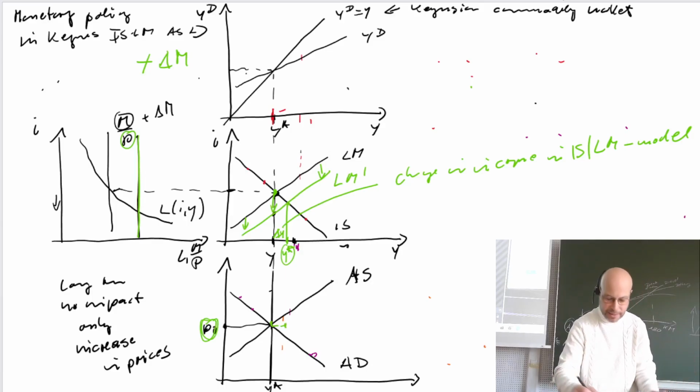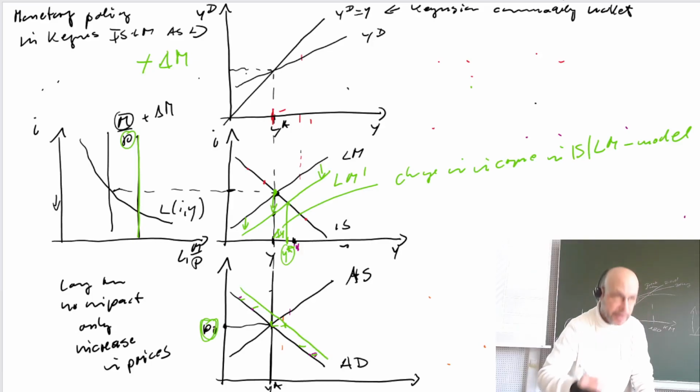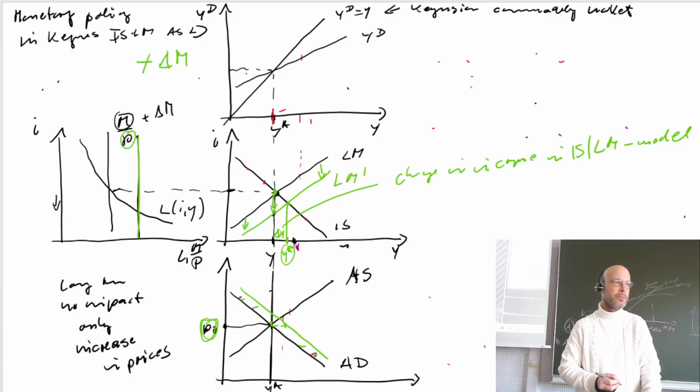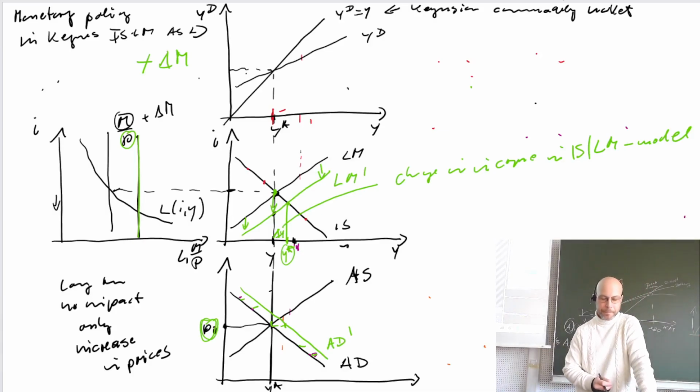The AD curve, again, this we have to do for every point on our AD curve, so we obtain a right shift of the AD curve, correspondingly to the fiscal policy, due to increased money balances.